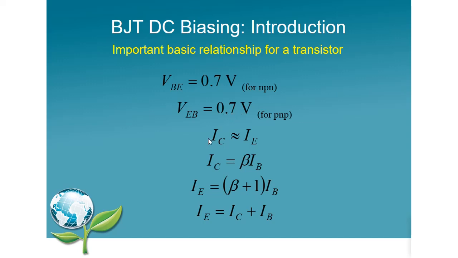IC equal to IE, and IC also equal to beta IB, IE equal to beta plus 1 multiplied with IB, and finally IE equal to IC plus IB.